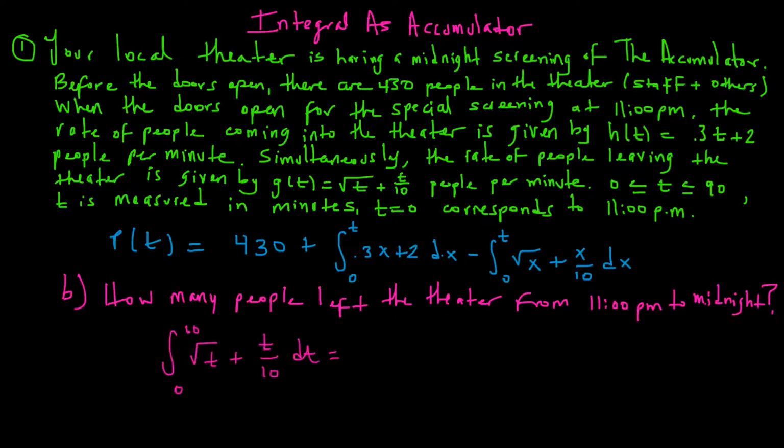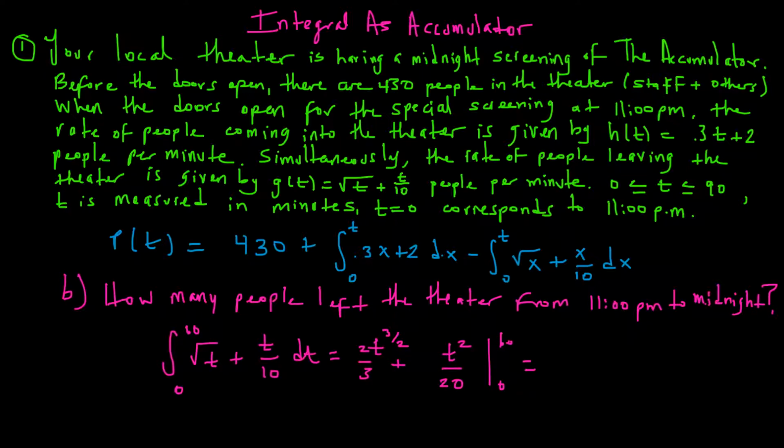This would equal, let's see, t to the half. So if I integrate t to the half, it's t to the 3 halves times 2/3, and then plus, if you integrate 1/10 of t, you would get t to the second, and then you would divide by 2, but there's already a 10 in the denominator, so it's 1/20th t to the second, and then we evaluate from 0 to 60.